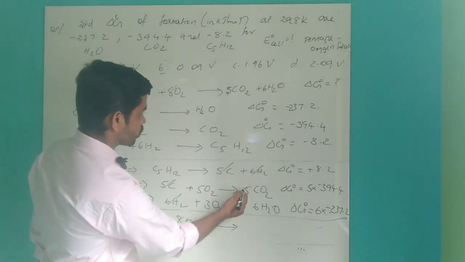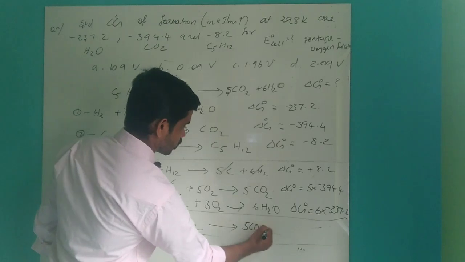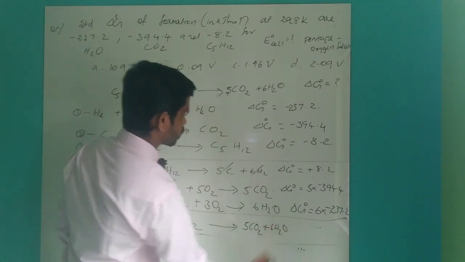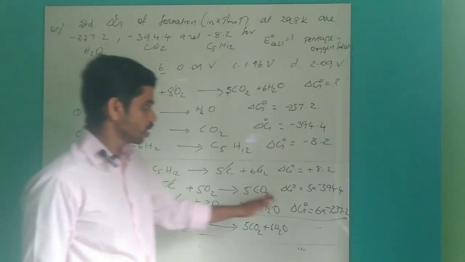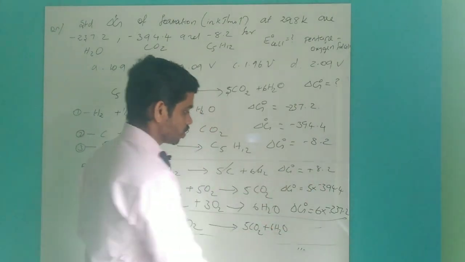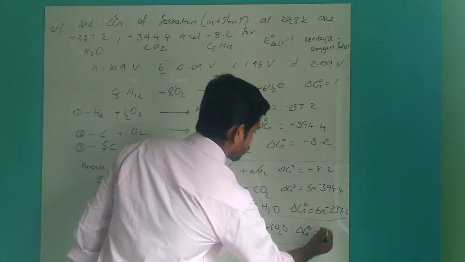here what are the remaining? 5 carbon dioxide plus 6H2O. Right, everything else is okay. Now if you do this, you will get the delta G0 value.